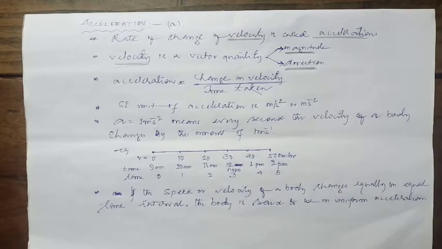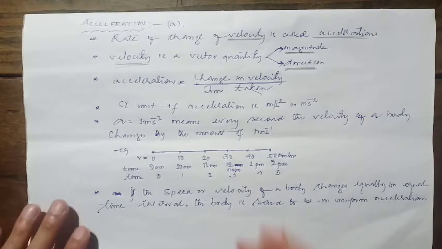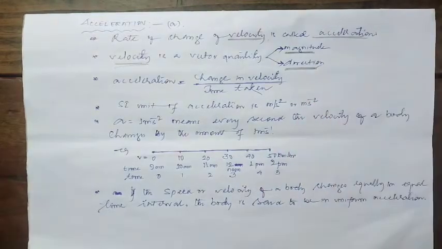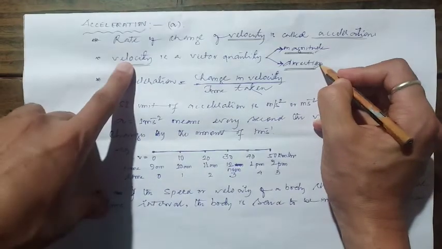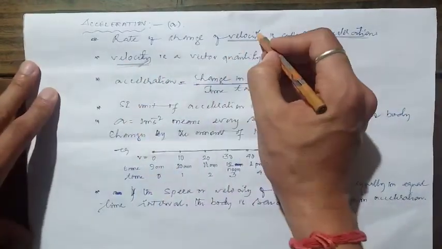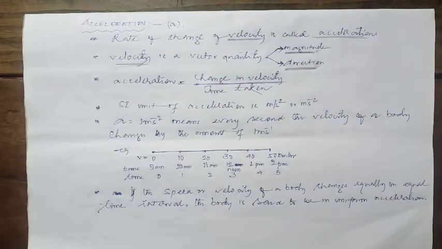If both magnitude and direction change, we say velocity is changing. So for the velocity to change, either the magnitude or the direction must change. If any one of these two is changing, velocity is changing. And if the velocity is changing, the body is said to be under acceleration. So it's not necessary for the magnitude to change.